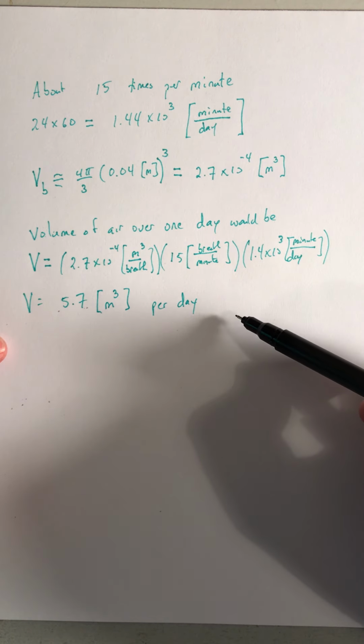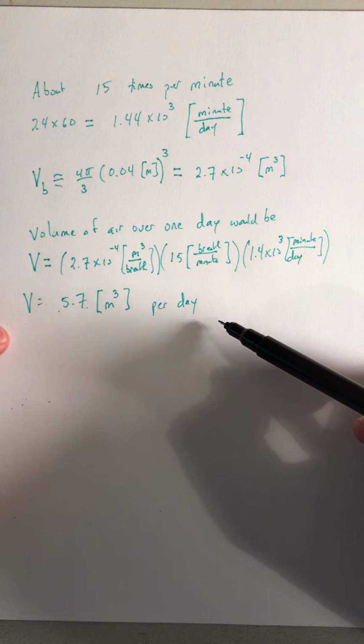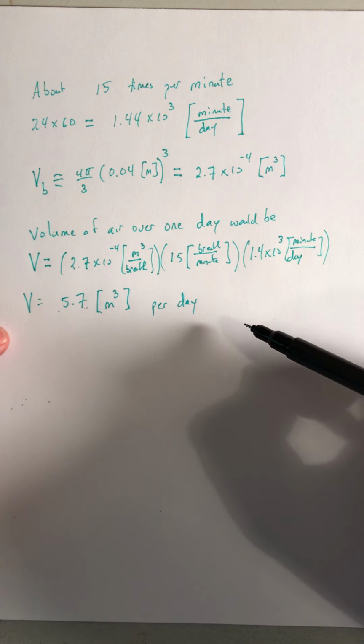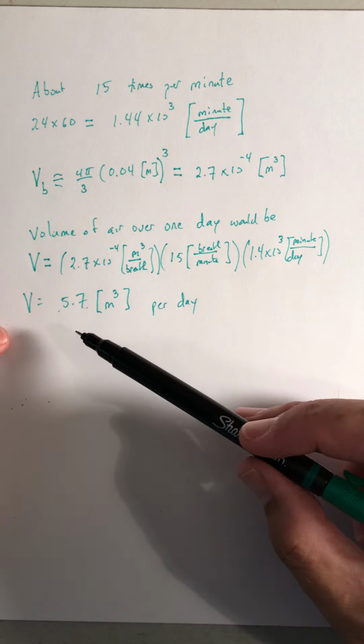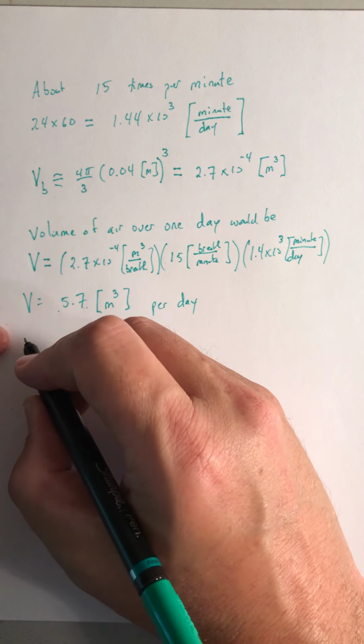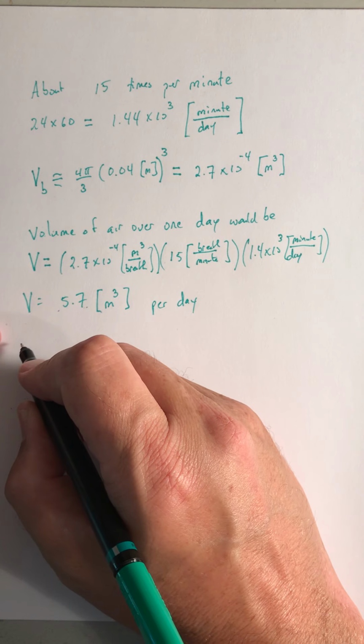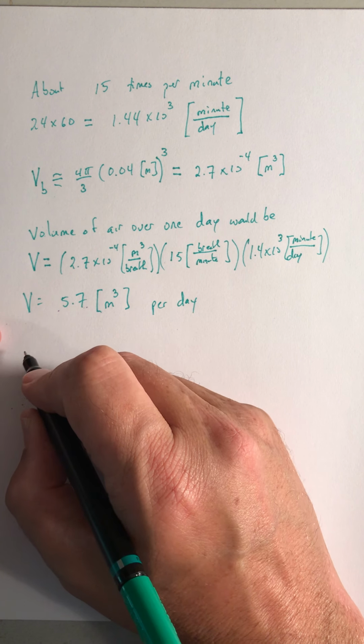Now for the second part of the question, if it is under a pressure of 180 atmospheres, then the volume is going to be correspondingly 180 times smaller.